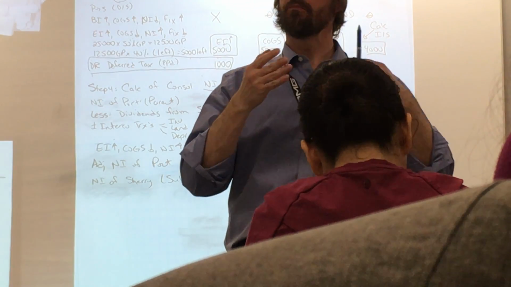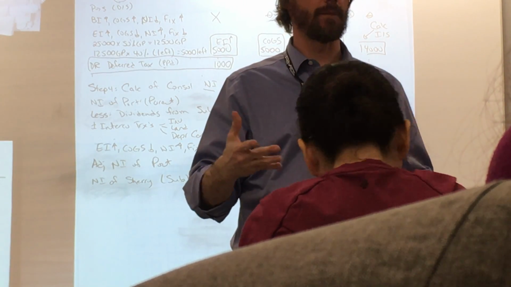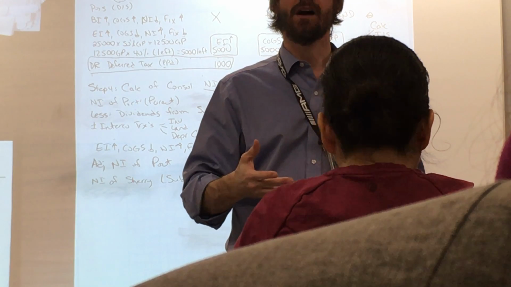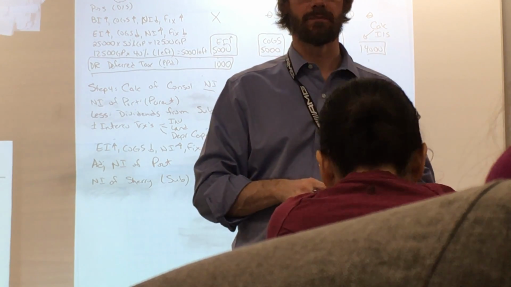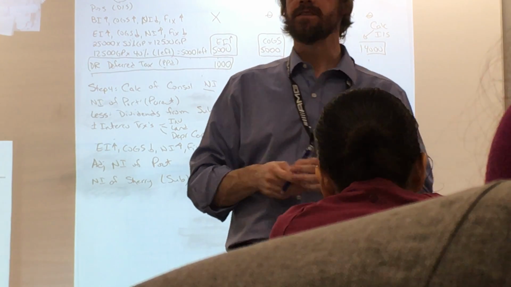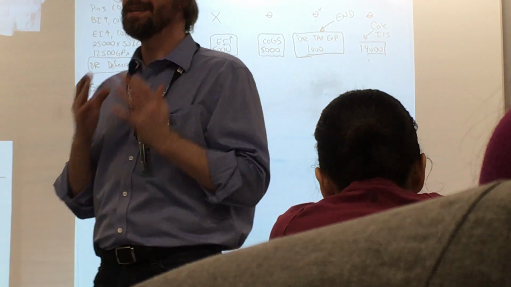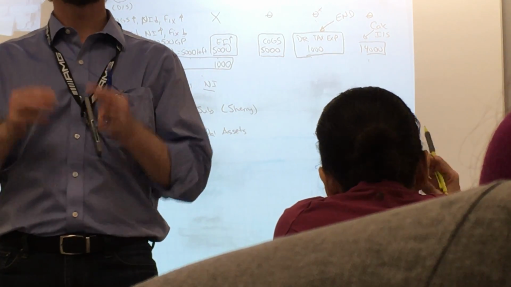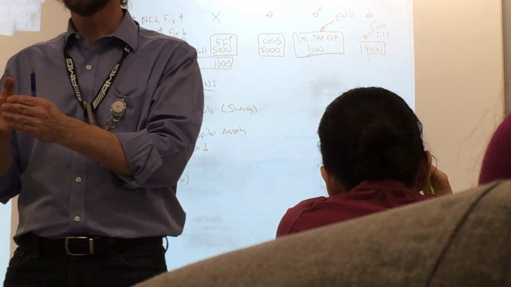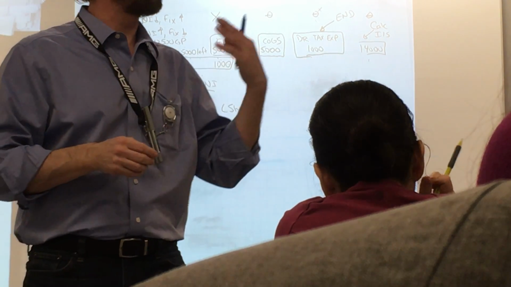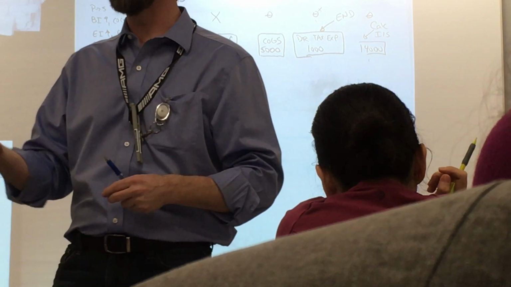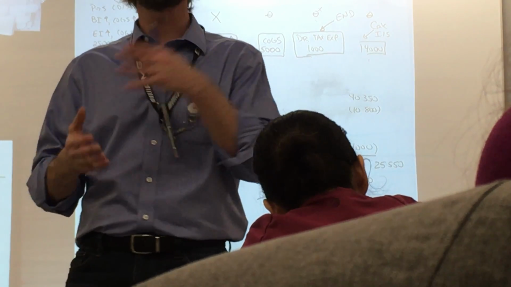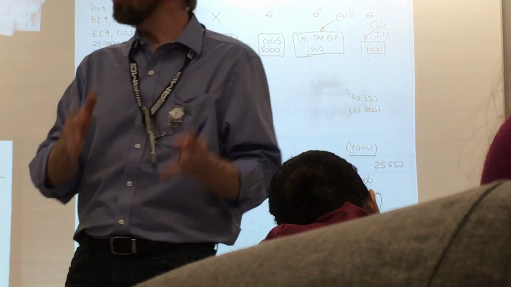Remember, we have been introduced to a new concept. The new concept is the preferred shares, the preferred shareholders. Now, what we need to do is take that net income and split it between the preferred shareholders and the common shareholders. Okay? We need to allocate it so we know who gets what.